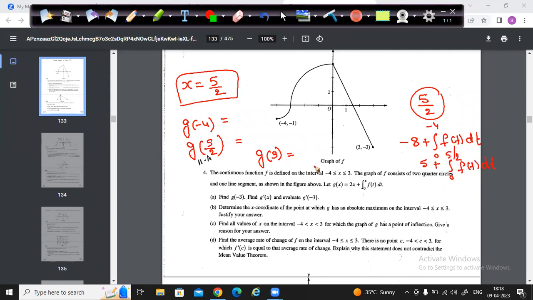And g of 3 is 6 plus the integral from 0 to 3 of f of t dt. So find these values, and wherever it is maximum is the maximum. We'll get the maximum value at 5 by 2. That should be our absolute maximum.